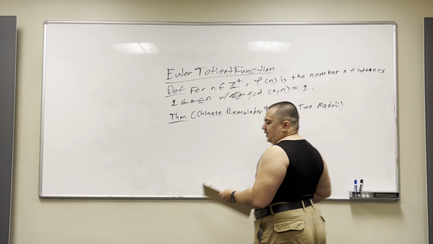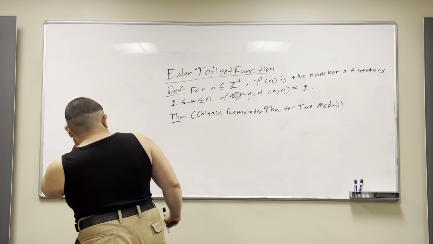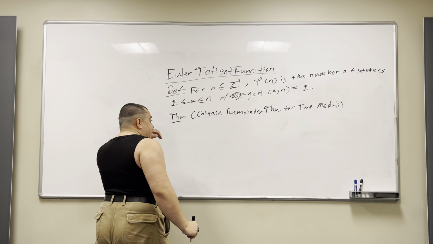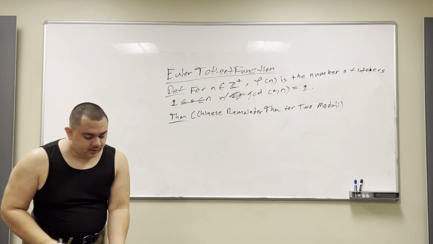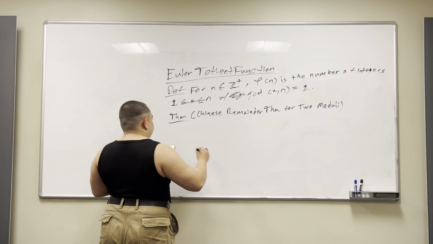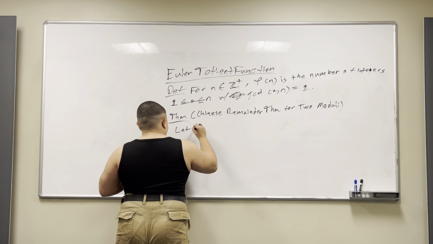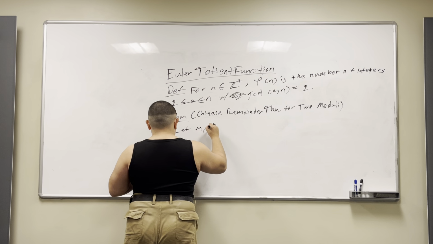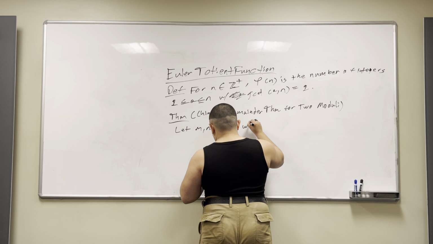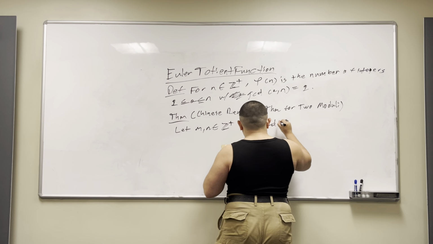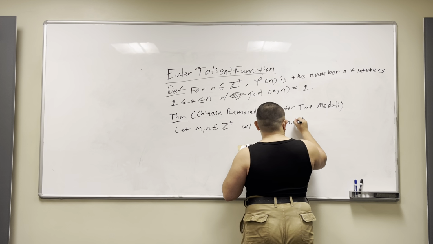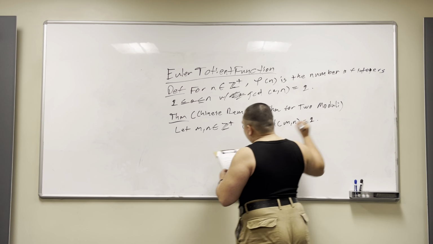Let m, n be within the positive integers, with the GCD of those being equal to 1. Well, what can you say about that?